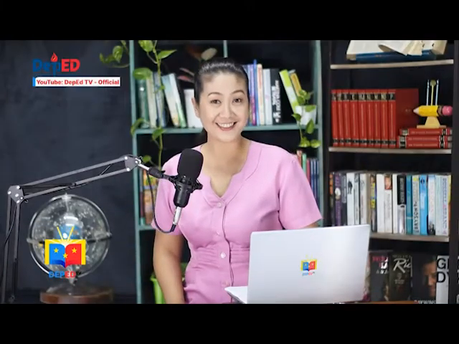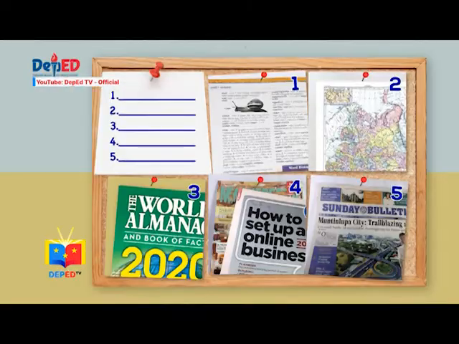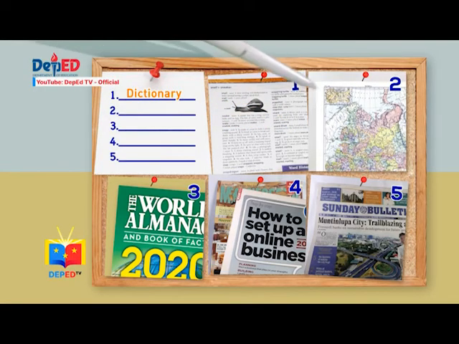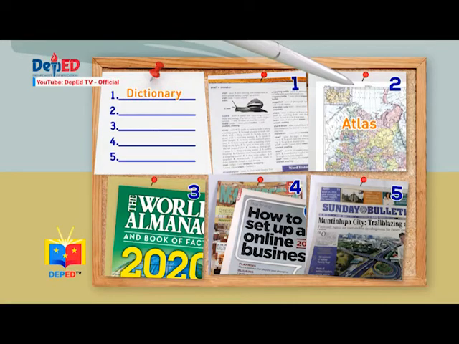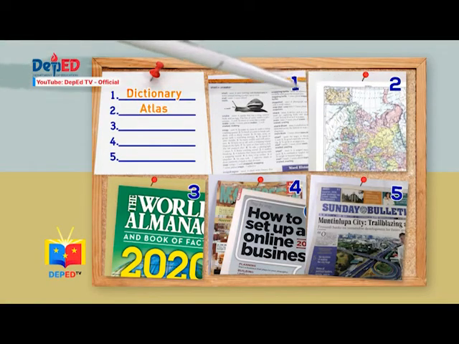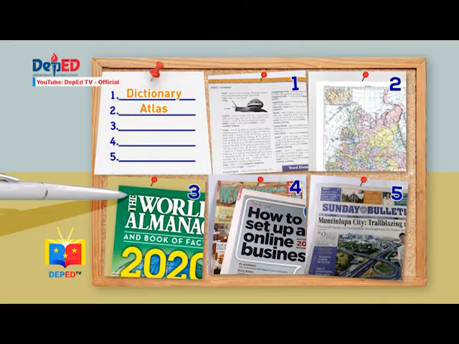Are you done? Well, were your answers like this? Picture 1, dictionary. Picture 2, atlas. Picture 3, almanac.